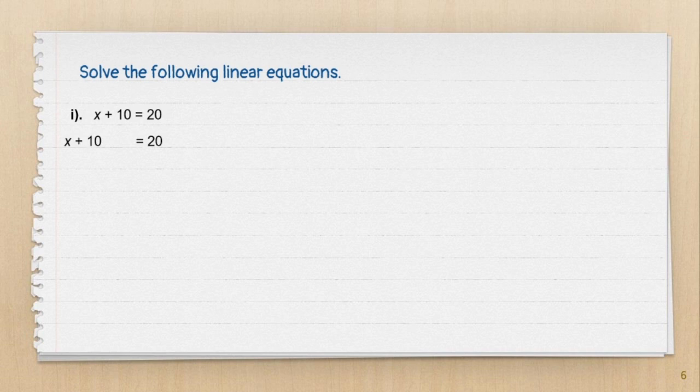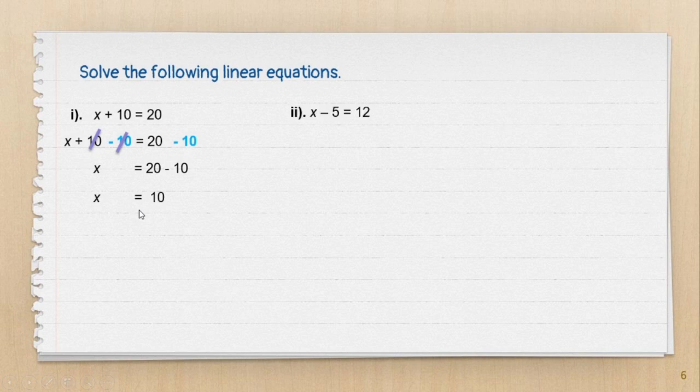I can do that by adding minus 10 to both sides. Now we can simplify like this. Then I can write the remaining terms in the next step. x equals 20 subtract 10. So our final answer is x equal 10. This is very simple. Let's try another one.